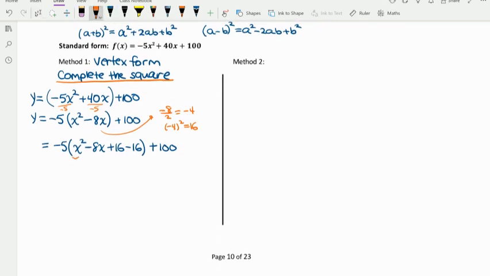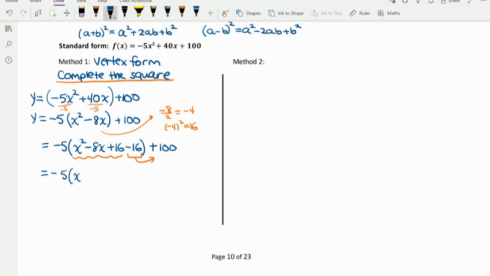So this is the only portion I'm interested in to make a perfect square. This negative 16, I'm going to take it out of my bracket by multiplying negative 5 to it. Okay? You can't just ignore the negative 5. Make sure you multiply it.